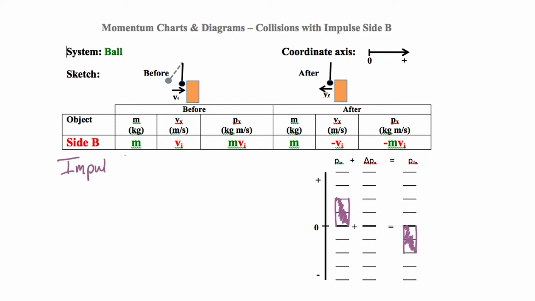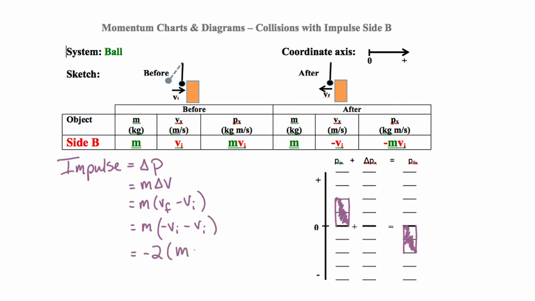Let's look at the impulse equation again. So we still have mass times final velocity minus initial velocity. This time, substituting my values, my final velocity is negative my initial velocity, minus my initial velocity.